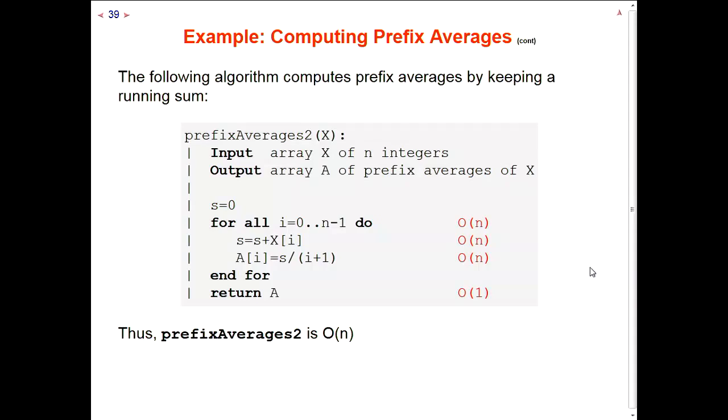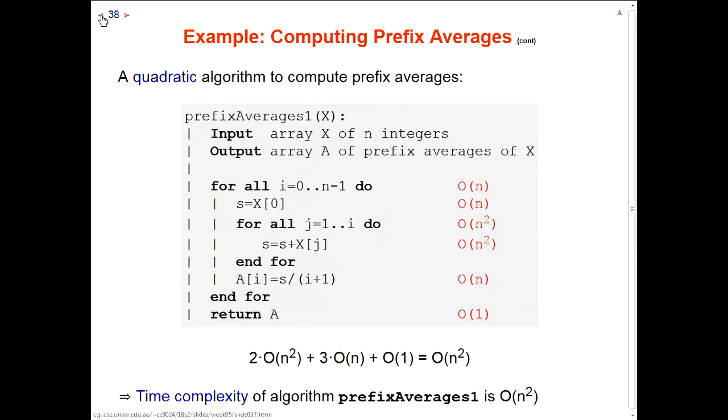So here we keep that running sum, which we initialize with 0. And then we have only one loop that is needed. We always take our current array element, add it to the running sum, and then we have to divide the running sum by the number of elements that we have summed up to a certain point.